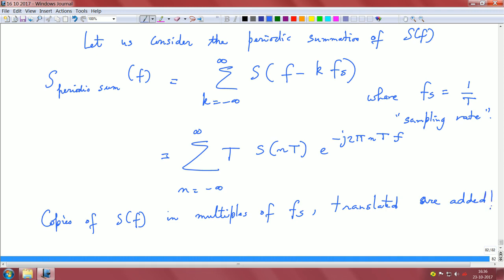This is what we mean by this periodic sum, right. I have a spectrum, I take a translation in multiples of Fs, right, then I add the copies.